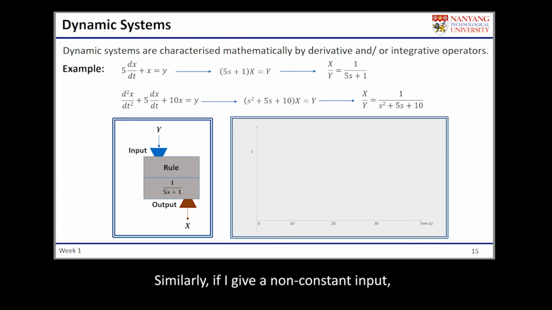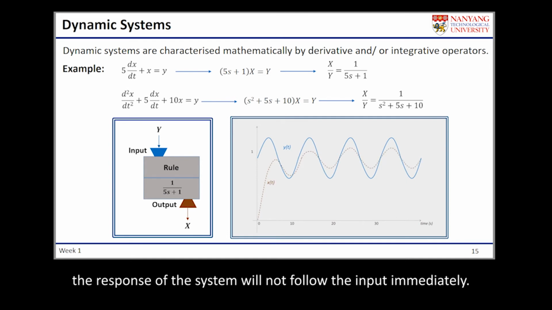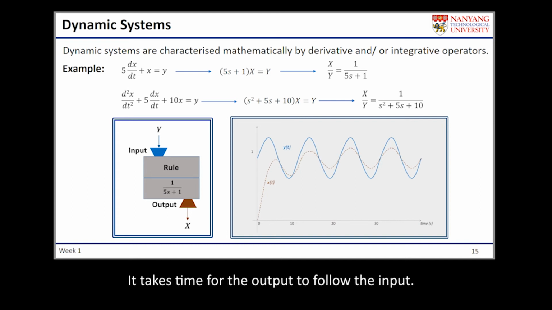Similarly, if I give a non-constant input, let's say I'm giving a sinusoidal input to the system, the response of the system will not follow the input immediately. It takes time for the output to follow the input. So at the beginning, it doesn't look like a sinusoid, it doesn't look like the input, even though after some time the output will behave similar to the input.